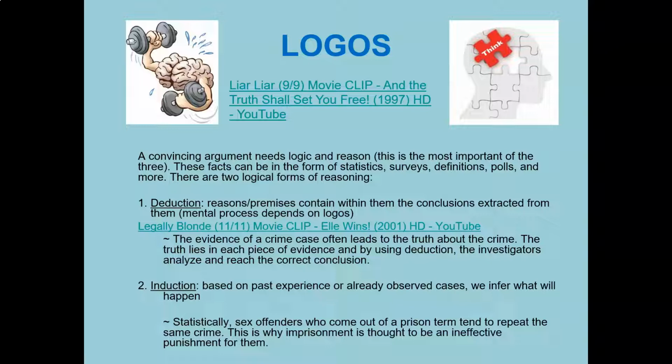So there's an argument that still exists today. It's been made for over 10, 15 years that imprisonment is not an effective form of punishment for this particular crime, for sex offenders, because it doesn't really deter them from committing the same crime again.